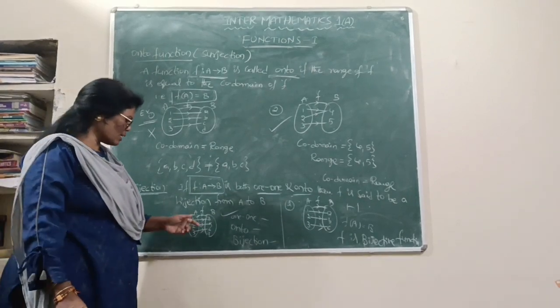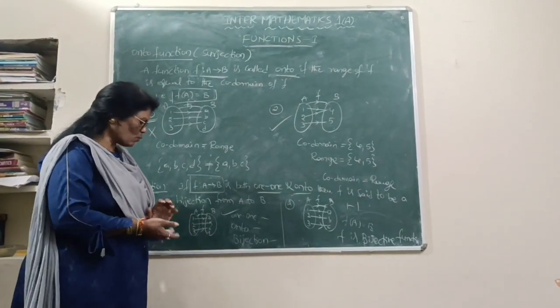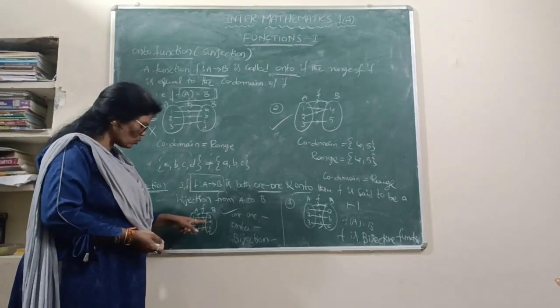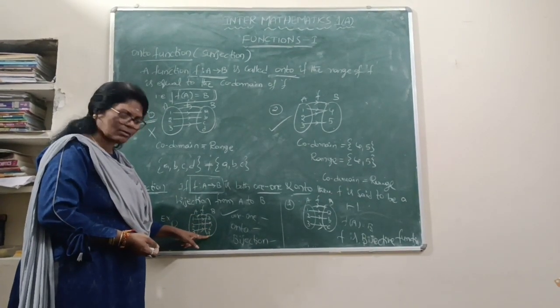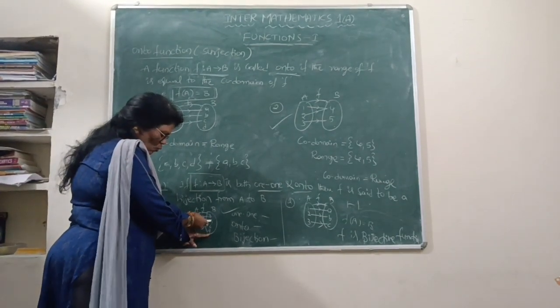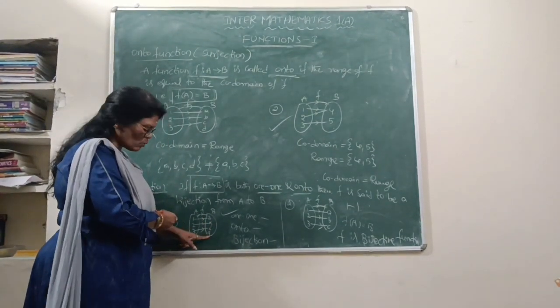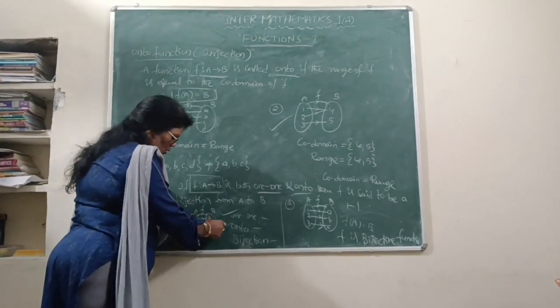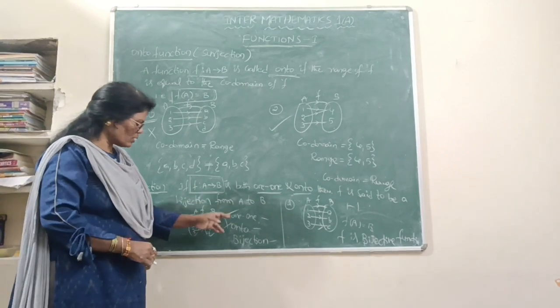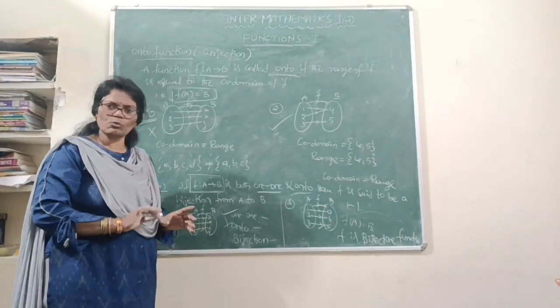And what about onto? Onto is about the codomain: 4, 5, 6, 7. But the range is nothing but the images: 4, 5, 6. So both are not equal, and the onto condition is not satisfied. So here one-to-one is satisfied, onto is not.